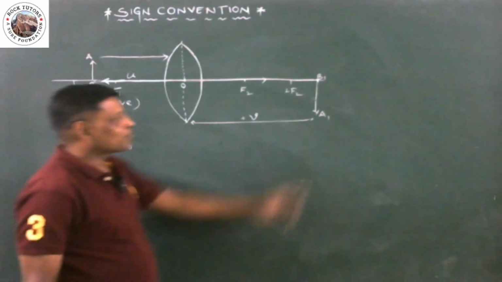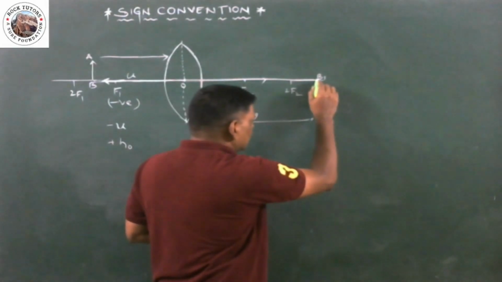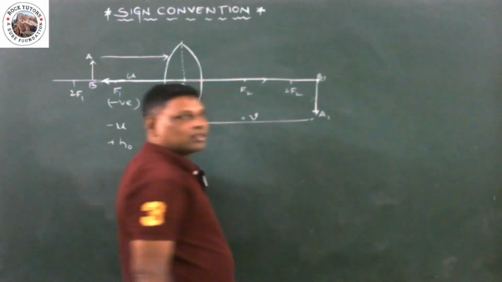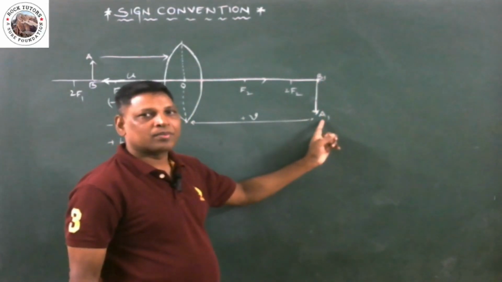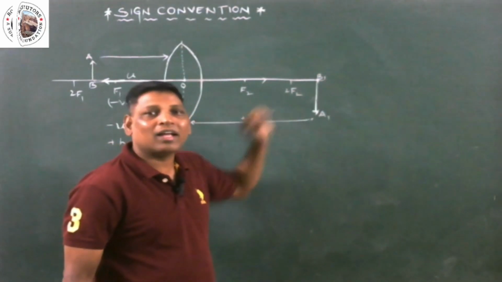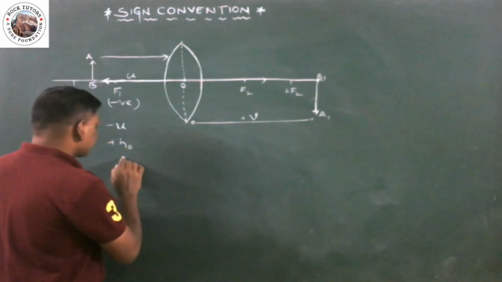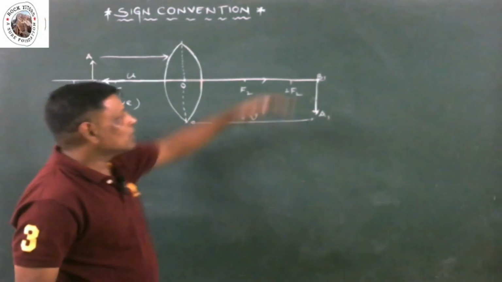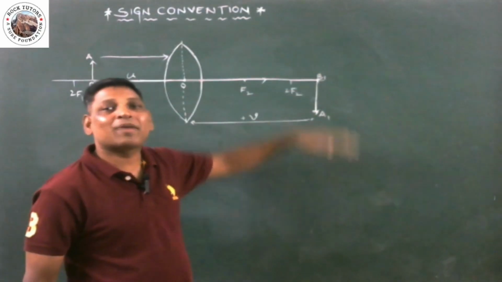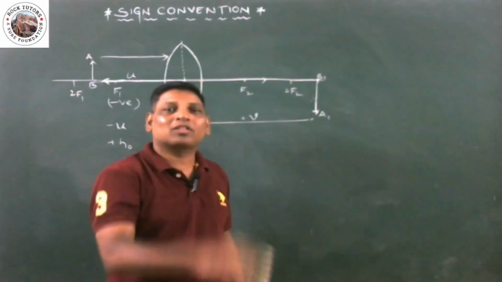Now in this case, this is the image. The size of the image means the height of the image. Here I will take this as HI. Now this is below the principal axis, below the horizon.